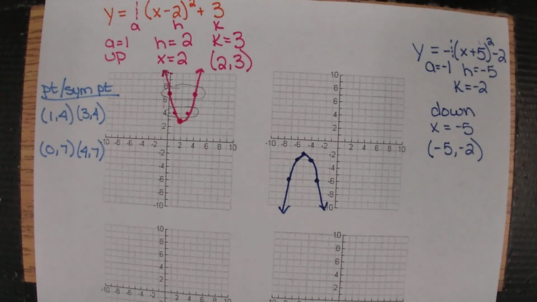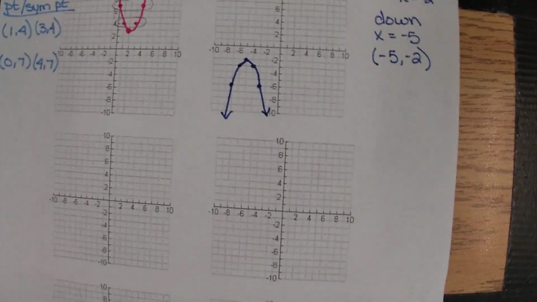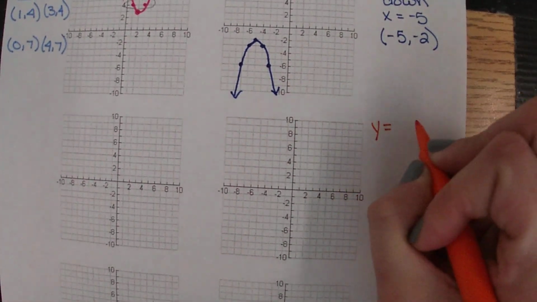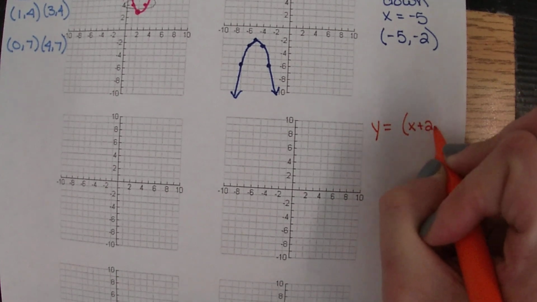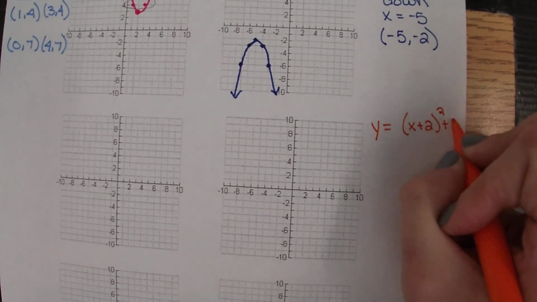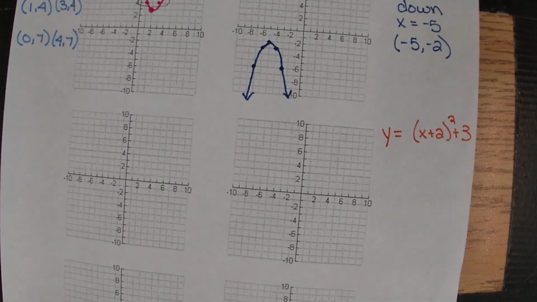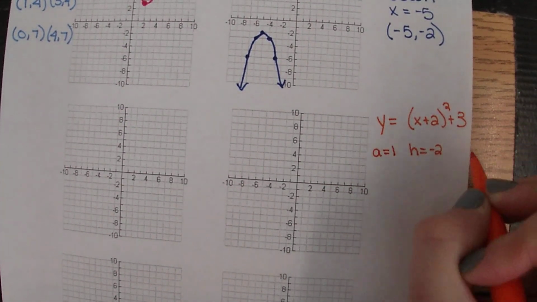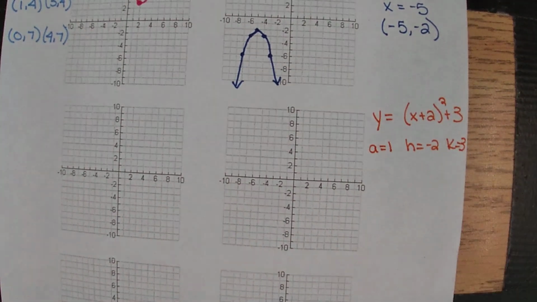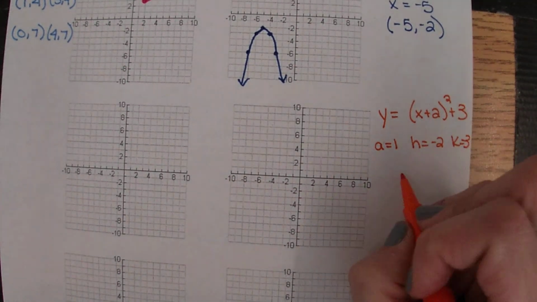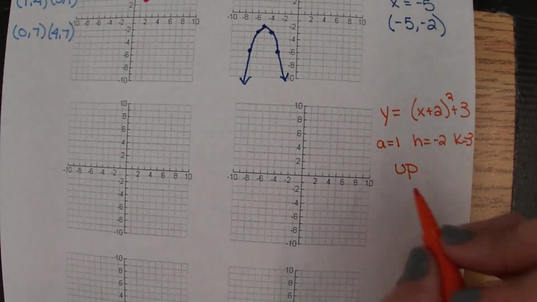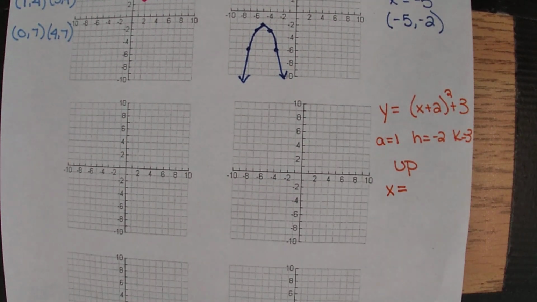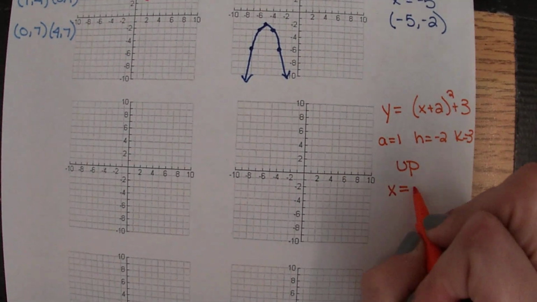Okay, so last one we're going to look at just to make sure we're really set on this. So if we have y equals (x plus 2) squared plus 3. I just changed some signs up from the first one a little bit to make sure we're good. Okay, we'll say a is 1, h is negative 2, k is 3. This parabola will open up. It will have an axis of symmetry at x equals negative 2.